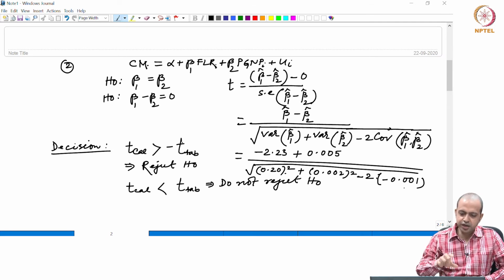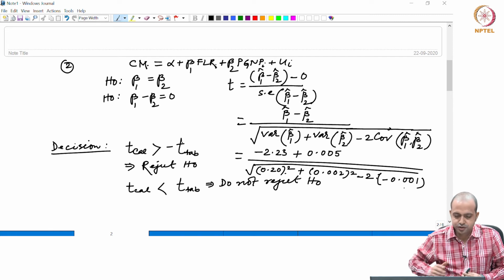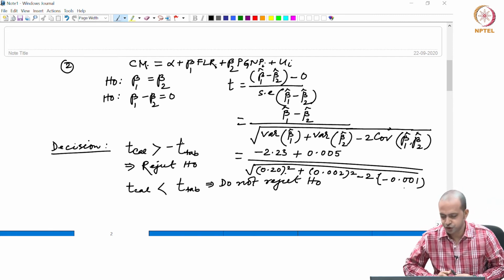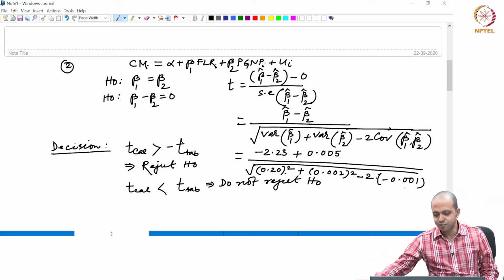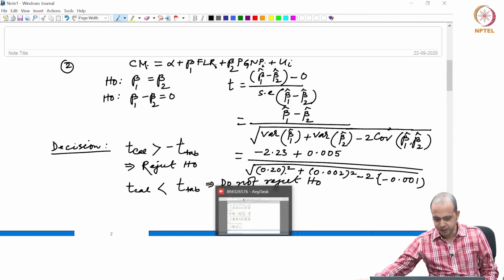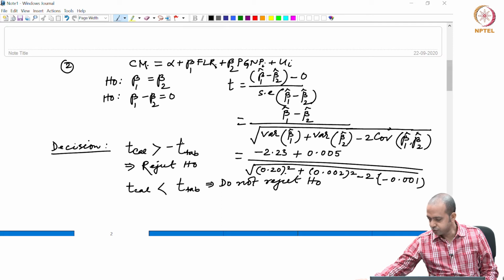So, this is our second hypothesis, wherein we were testing the equality between two regression coefficients. And then we have discussed our third hypothesis. What is your third hypothesis?